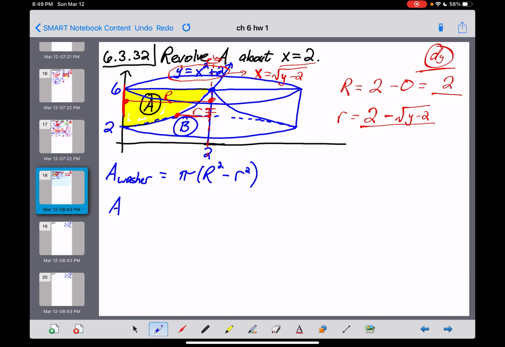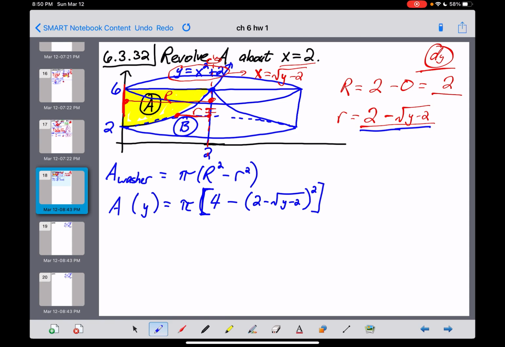So area then, written as a function of y, is going to be pi times capital R squared, that's just going to be a 4, minus little r squared. Ooh, and if it was just the radical, that would have worked out nicely, but with the 2 minus, that gets pretty tough. I should probably not overthink this. I should have probably made that a bracket, and now little r, I'll put in parentheses: 2 minus the square root of y minus 2, close off little r and square it.